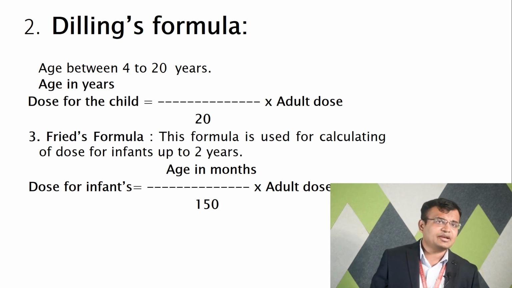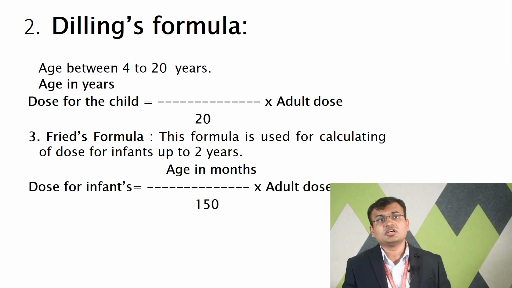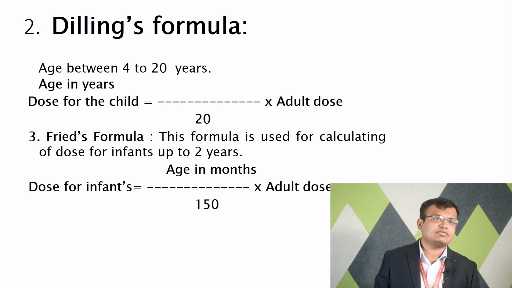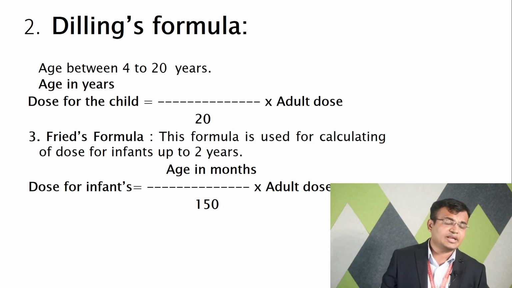So the dose can be calculated as the age in years divided by 20 into the adult dose. That means the dose for the child is equal to the age of that particular child divided by 20 into the adult dose. Another formula is called Fried's formula.